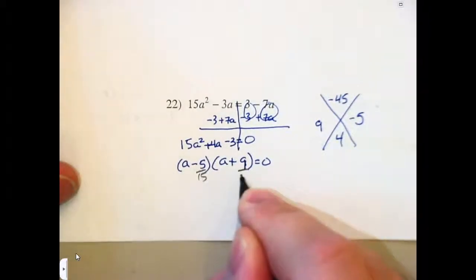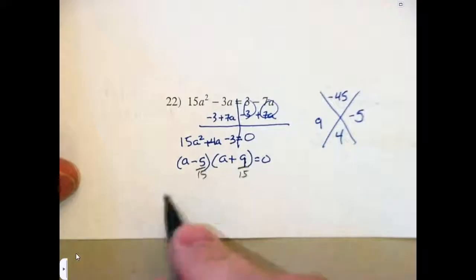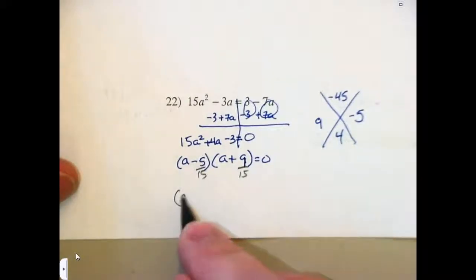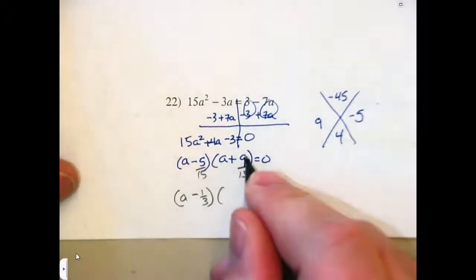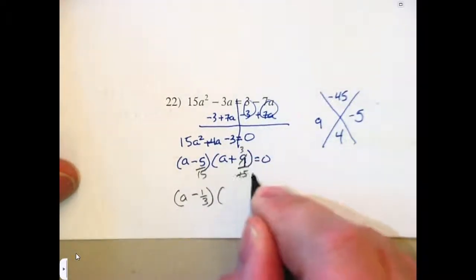That reduces to 1/3. 3 goes into 3 and 5.